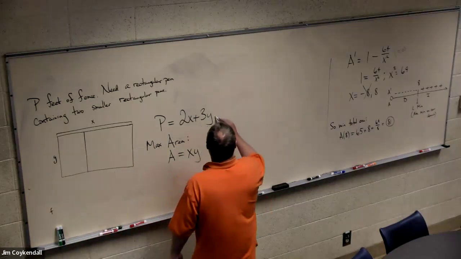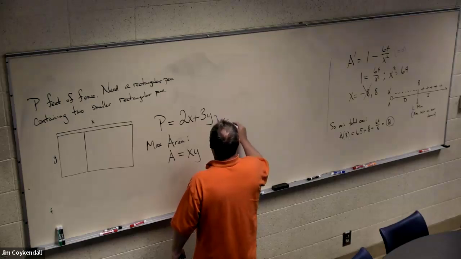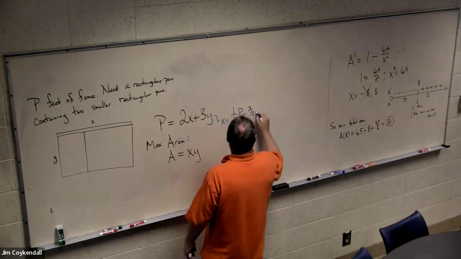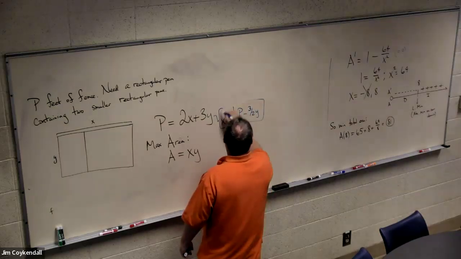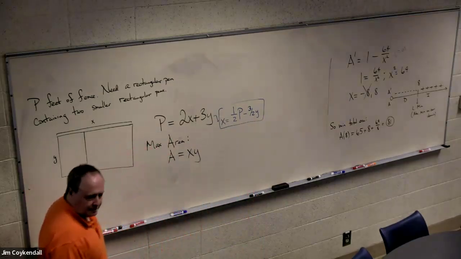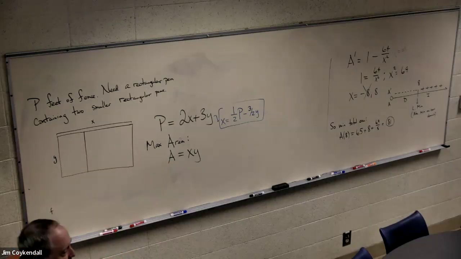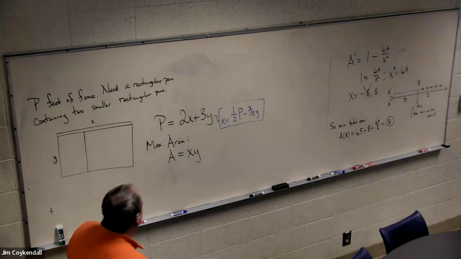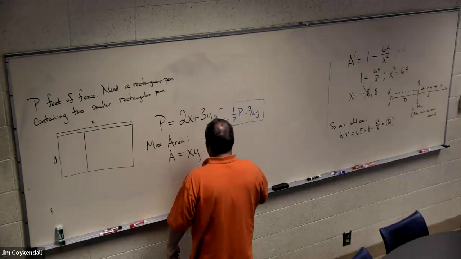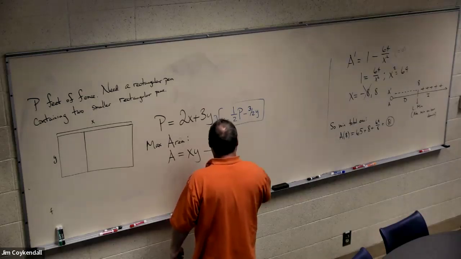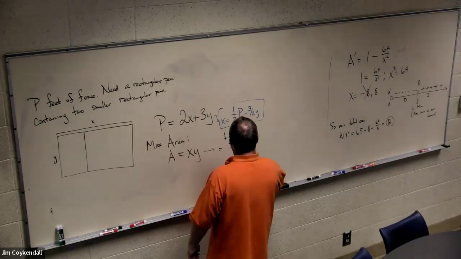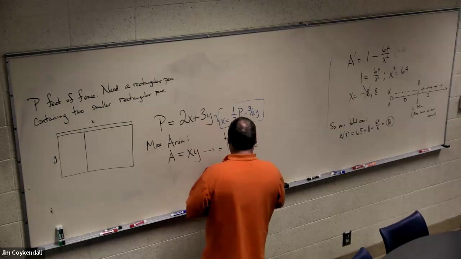I'd rather divide by two, so I will say that x is equal to 1/2 P minus 3/2 y. Now let's put the area together. This is going to be (1/2 P minus 3/2 y) times y.